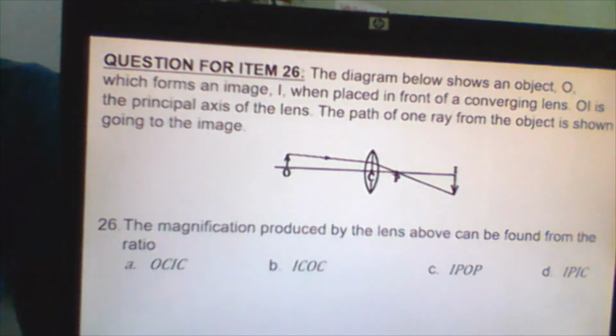Sorry, this question should have been edited properly. It should have been OC over OI, IC over OC, IP over OP, and IP over IC.